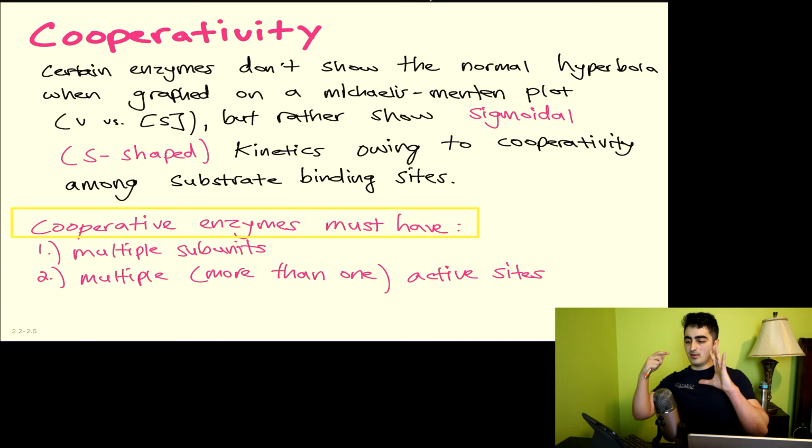When oxygen binds to one of the active sites of hemoglobin, let's say we have 4 active sites, it increases the likelihood of oxygen binding to the other active sites, because the affinity between those active sites and oxygen increases as oxygen binds to one active site, to 2 active sites, affinity gets more and more for the oxygen. So obviously we're going to have a different shaped Michaelis-Menten curve. We're going to have a sigmoidal shape. We're going to have cooperativity.